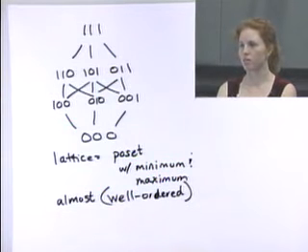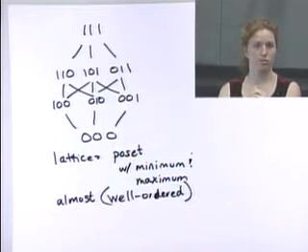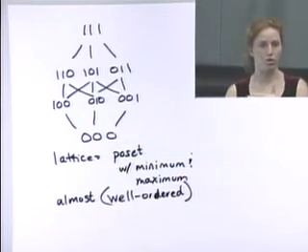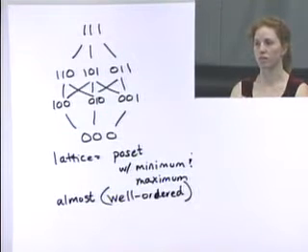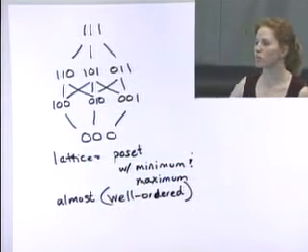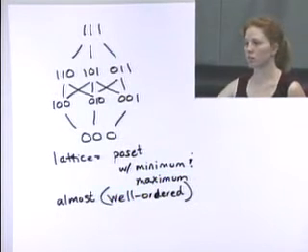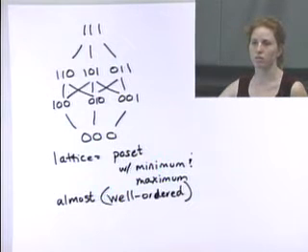Which things are not comparable? The 1 0 0, 0 1 0 and 0 0 1. The ones on the same level are not comparable; I can't put them in any order. But I can put all the other pairs in order. So this is almost well ordered. Regular numbers are well ordered, because for every single pair, I can pick which one's bigger.